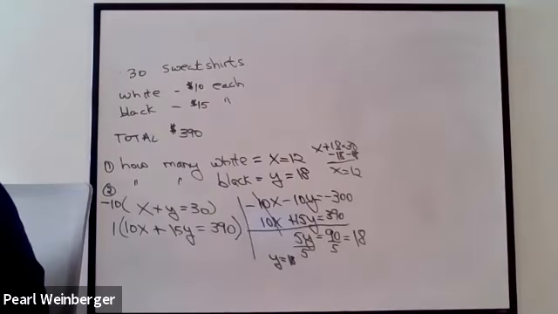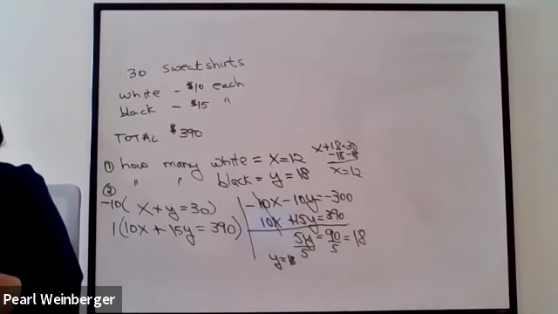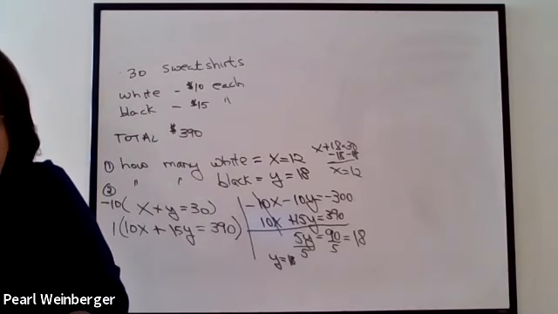Okay, I'm going to give you another one to try, similar to this. This is a similar situation, but instead of selling shirts, here we're selling tickets. And that's a very common situation.